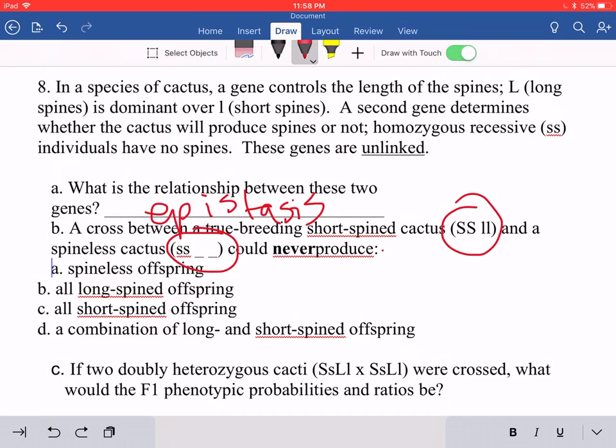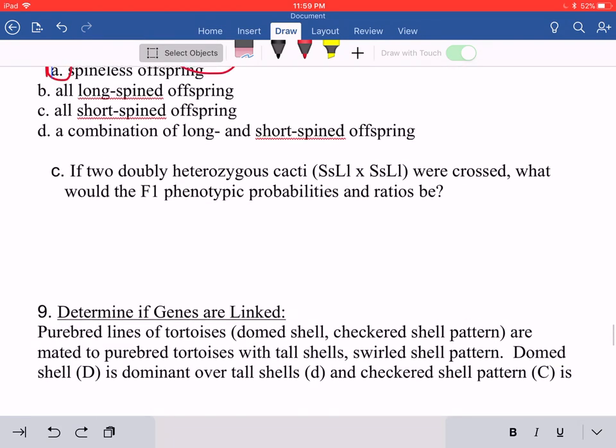Now the correct answer here is that it could never produce spineless offspring. And that is because we are always going to have the spines shown, because we have that big S in one of the parents, or that homozygous dominant condition in one of the parents, okay? Let's take a look at the next section here.